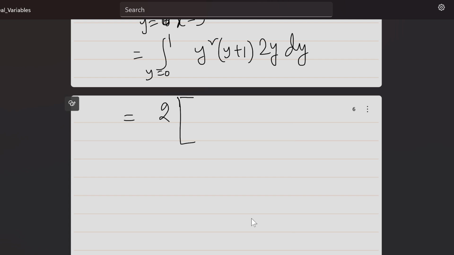So directly, what is this? Anybody? Direct integral. Any idea? Hello?